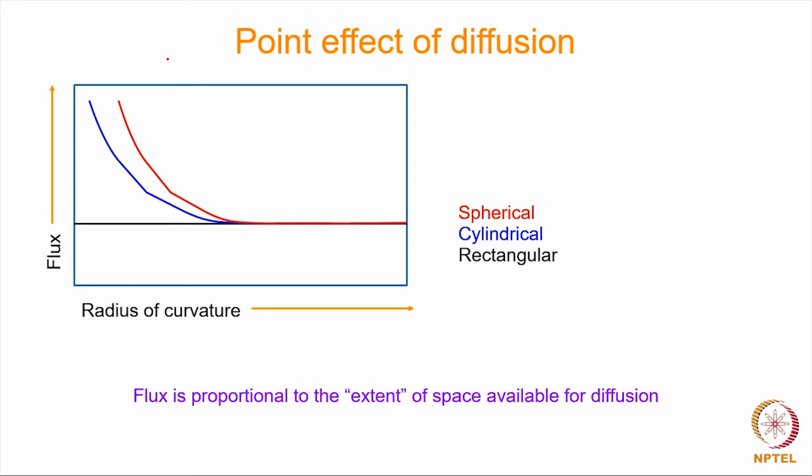And usually the concept of point effect of diffusion is that it is proportional to the extent of space that is available, which means that you can actually assume the domain to be rectangular provided the radius of curvature is large.